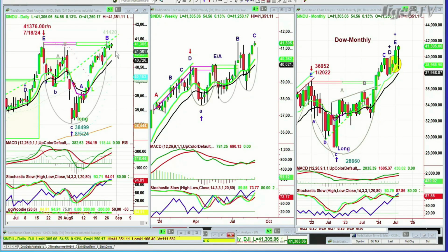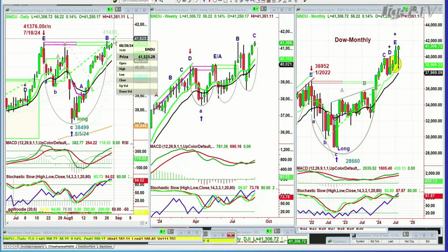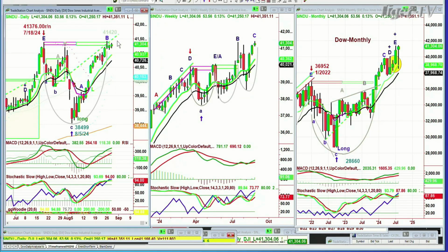Well, the parameters say this Chapman wave inside wedge target resistance line is 41,495 if it's today. If it's tomorrow, it's a rising trend line, 41,523. So this is the line I'm watching. But if there is anything that says, oh, that is fantastic, you could have another from the gap to that level.